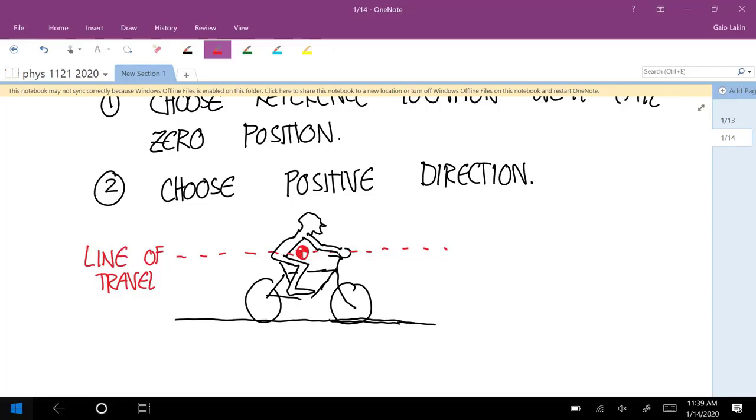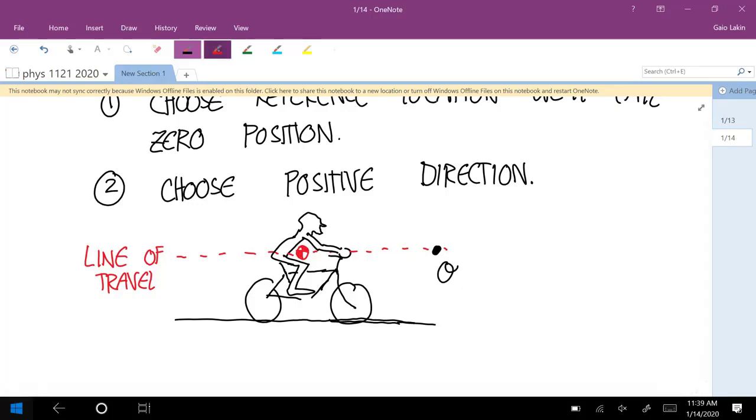So the way this works is, first, somewhere along this line, we're going to choose our 0 position. That's arbitrary. Although once you choose it, you have to use it consistently for the whole rest of your calculation. And then we have to choose a positive direction.